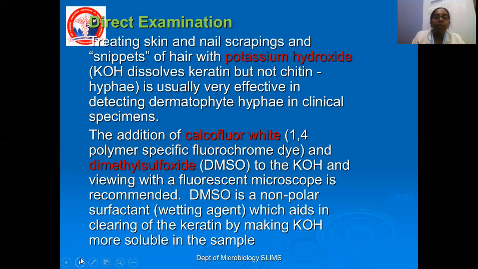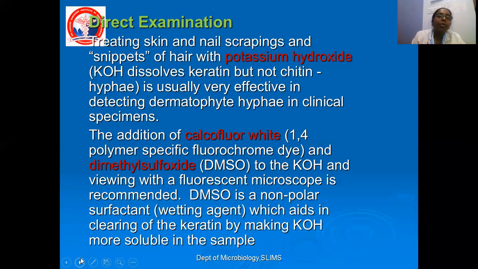We have various percentages of potassium hydroxide to look into various samples. Basically we use 10% potassium hydroxide for skin scrapings, 20 percent for thicker skin which has more keratin, and for nails, since there is more keratin content, we use 40 percent KOH.